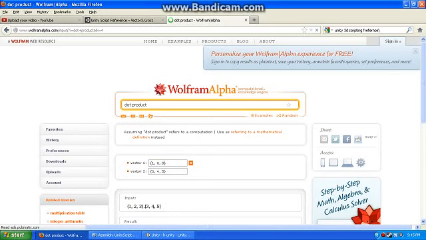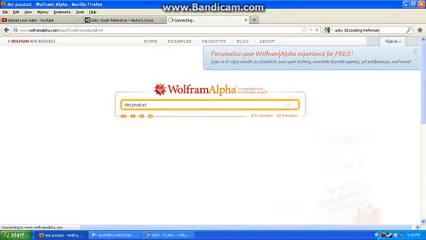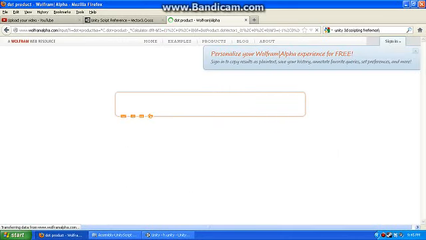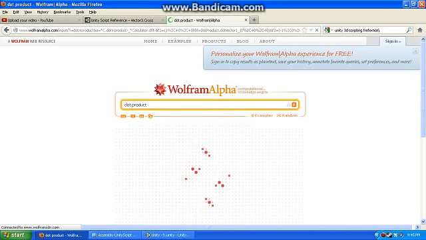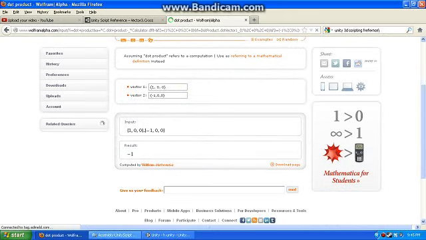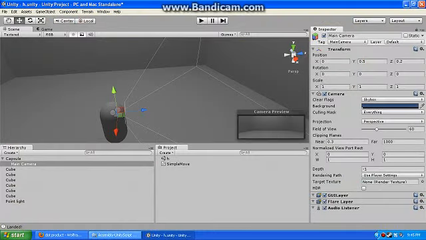So I'm just going to test if the dot product between a vector and a vector going in the opposite direction is 0 or -1. I'm hoping it's -1. Yes, it is.